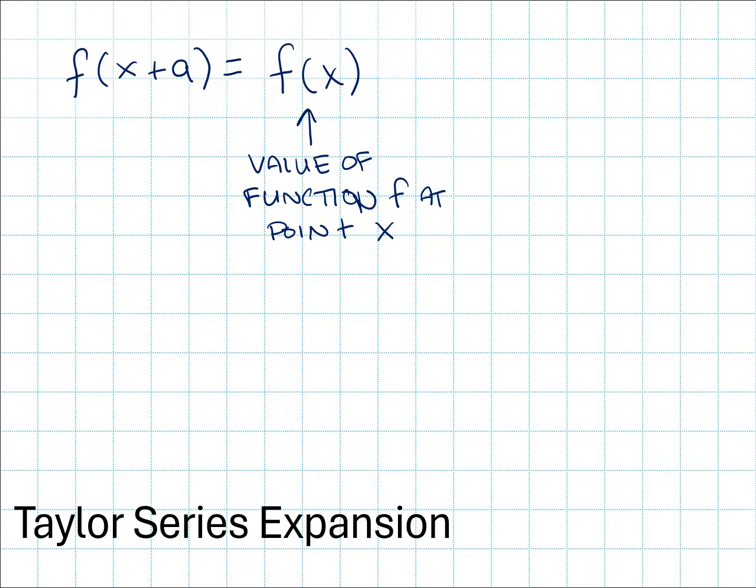And we want to predict an unknown value of that same function f at some location x plus a. So we can apply a Taylor series expansion to get us closer to the true unknown solution of f of x plus a.